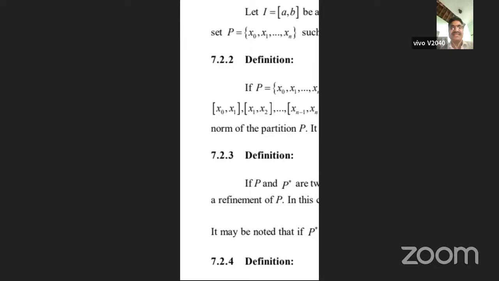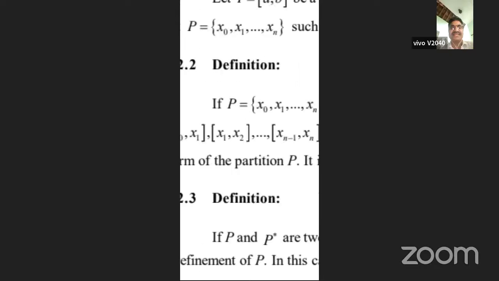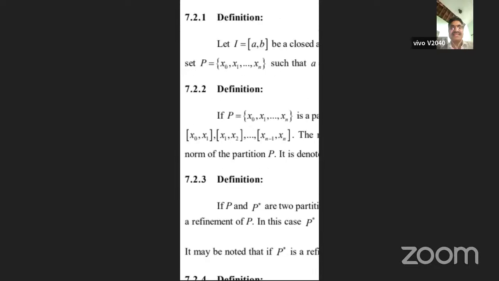So all those subintervals are denoted by Ir, between x(r-1) and xr. Now the length of Ir equals del r. What is the length of the subinterval?